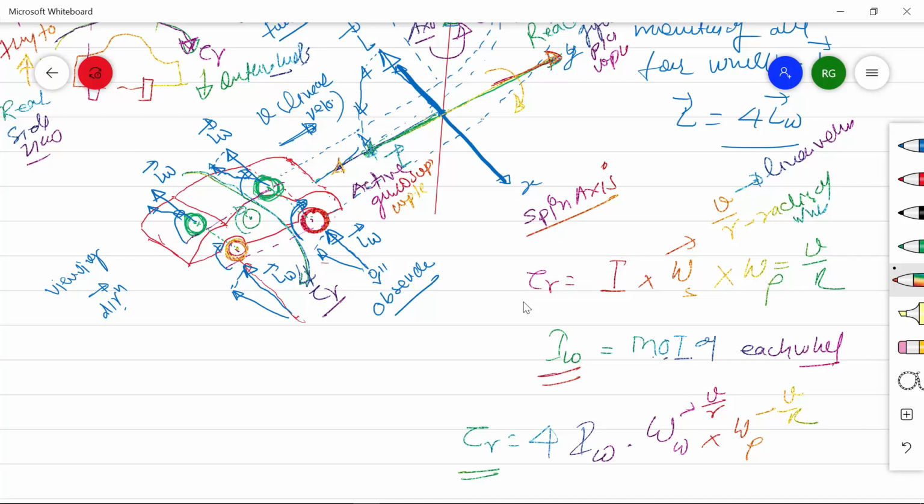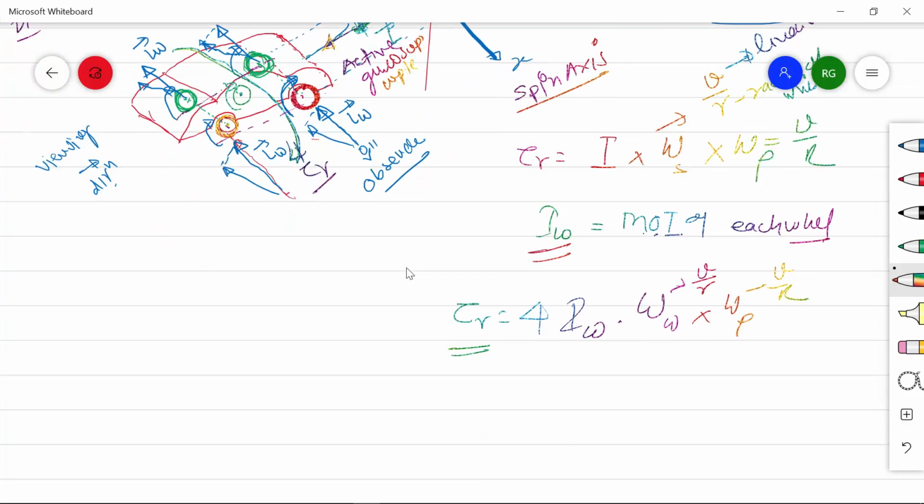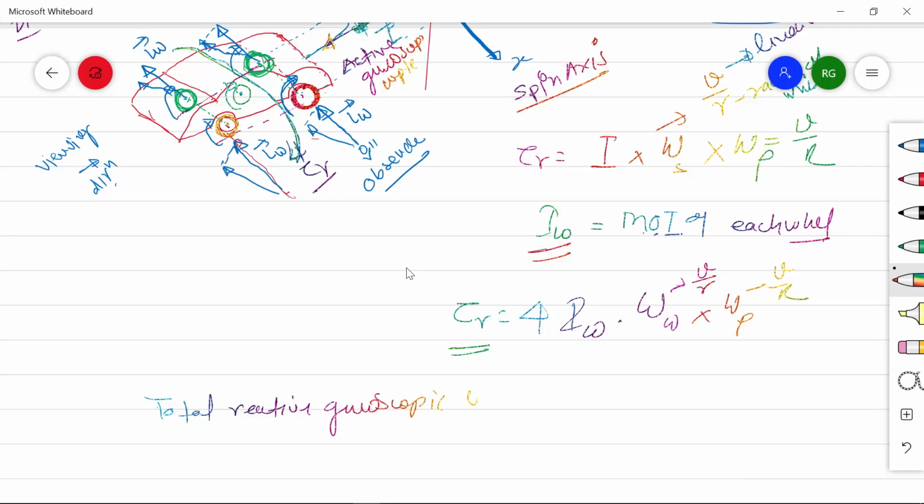In this case, the gyroscopic effect because of the rotating part of the engine will also be the same, and the total reactive gyroscopic couple would be tau r because of wheels plus tau r because of engine.